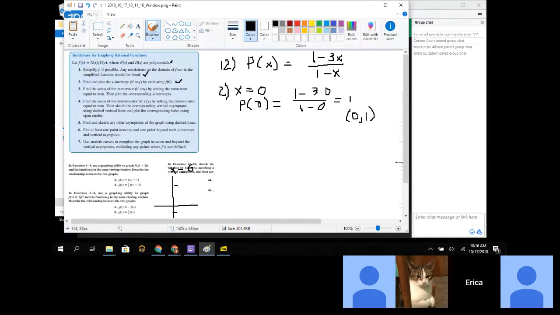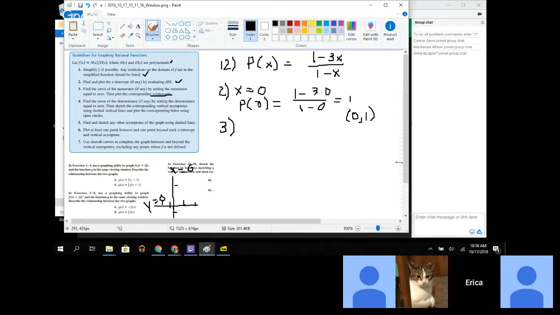Step 3, find the zeros of the numerator, if any, by setting the numerator equal to 0. Then plot the corresponding x-intercepts. Basically, step 3 is a fancy way of saying that you're going to find the x-intercepts. The x-intercepts are when the graph hits the x-axis, and that's when y equals 0.